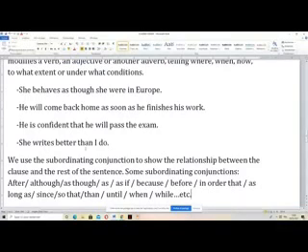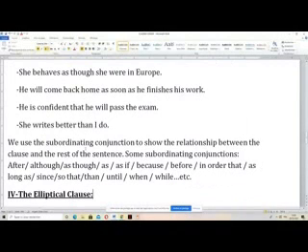Among the major subordinating conjunctions we have, for example, after. We will find it in adverb clauses that we refer to as time clauses, like after, before, until, as soon as.